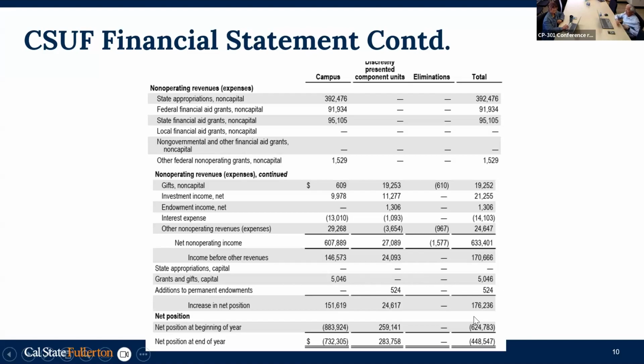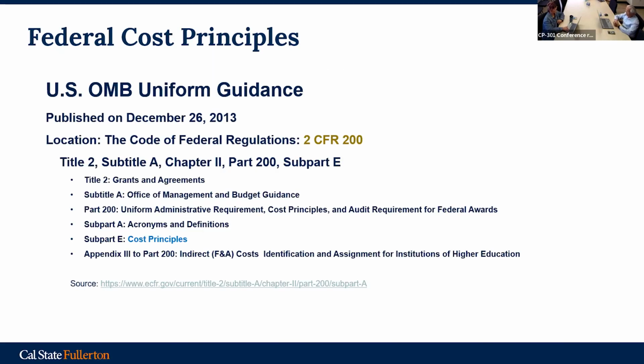Okay, now let's go to the fundamental understanding of cost allocation, and that is the federal cost principles. This cost principle took many, many decades to develop. It was an incipient cost principle. And I remember during the Second World War, I was young at that time.